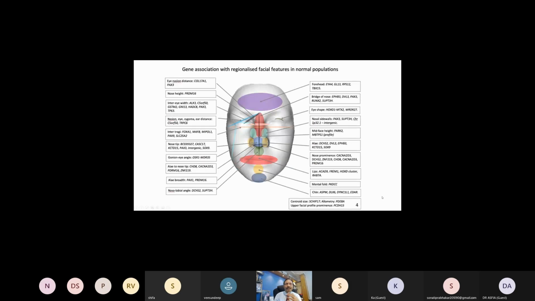There are many genes which are associated with regional facial features in normal populations. You can see they have been mentioned here. Some of the genes have been mentioned, like eye nasion distance, the forehead or eye shape. For every feature on the face, there are certain genes which are responsible.